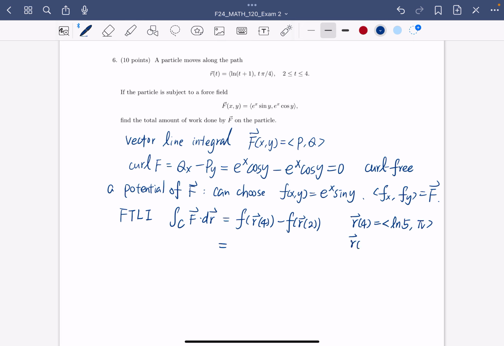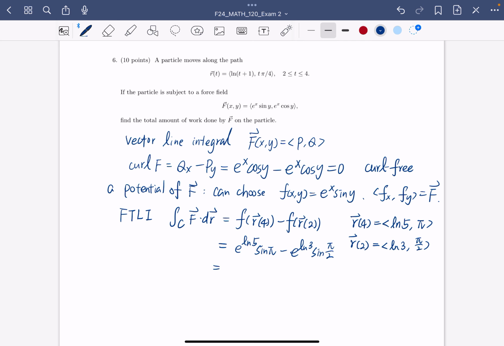And r(2) equals natural log of 3, pi over 2. So we plug in: e^(ln 5) sine pi minus e^(ln 3) sine pi over 2.